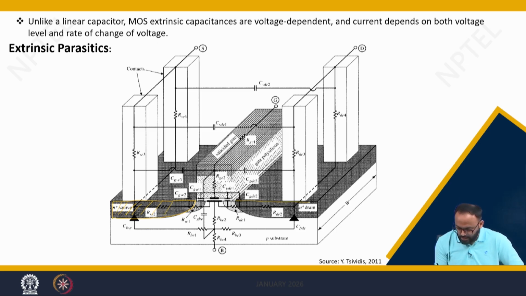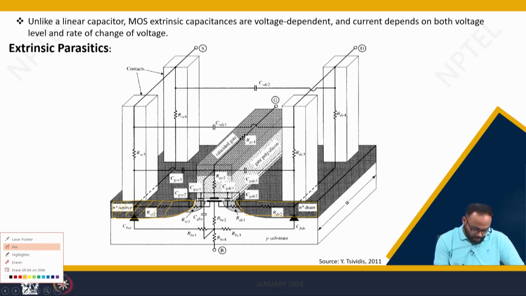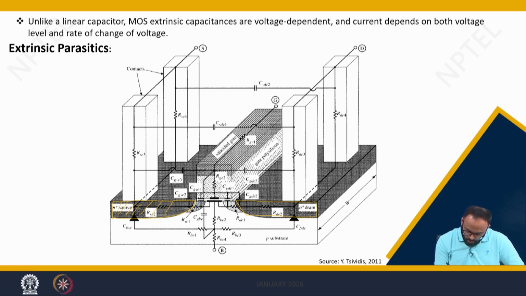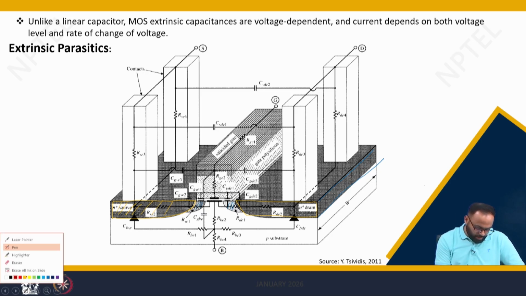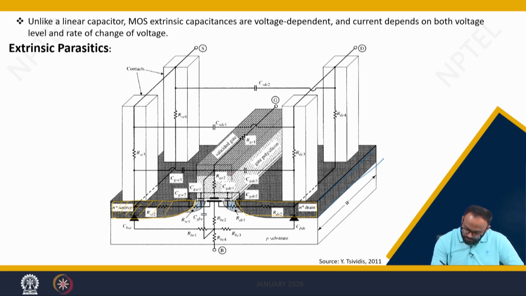This region is the drain. The region here is the overlap, right? This is the width direction, and this is the gate. So please try to understand the 3D geometry of the device. This is the gate and this is the oxide.